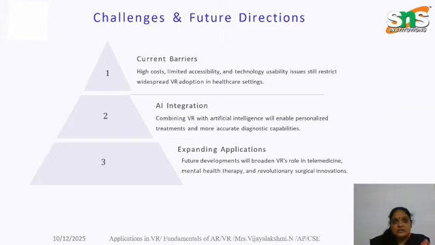And next, what are the challenges and future directions? As you all know, the current barrier is that not all users can purchase VR since it is very costly, and accessibility is limited. Data is also a problem here; a data breach can happen.